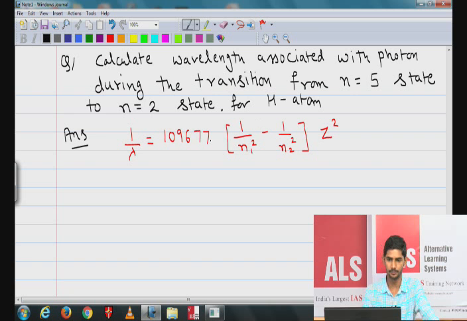Okay guys, take a look at this one. Now, first of all, we can change this number and we can write it like this: 1.09677 into 10 to the power 5 into 1 upon n1 square minus 1 upon n2 square into z square. Oh dear, I'll discuss each and everything.